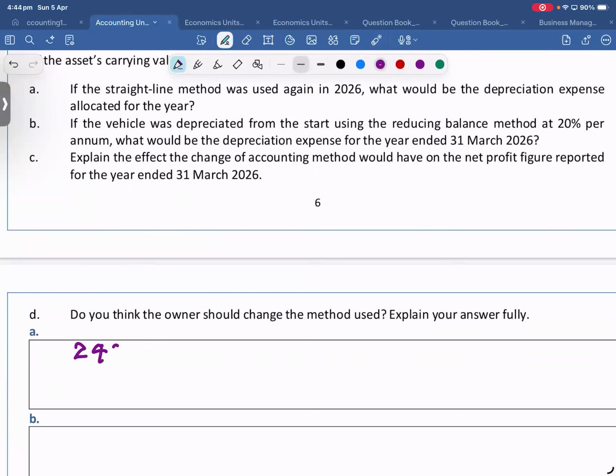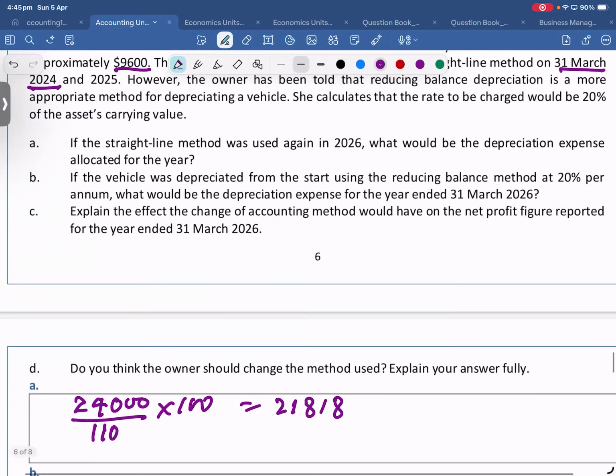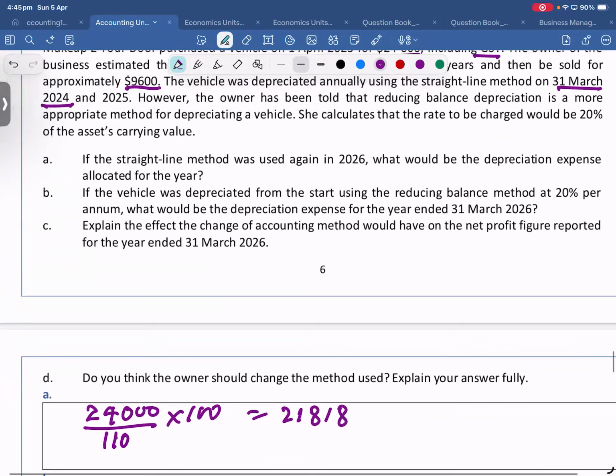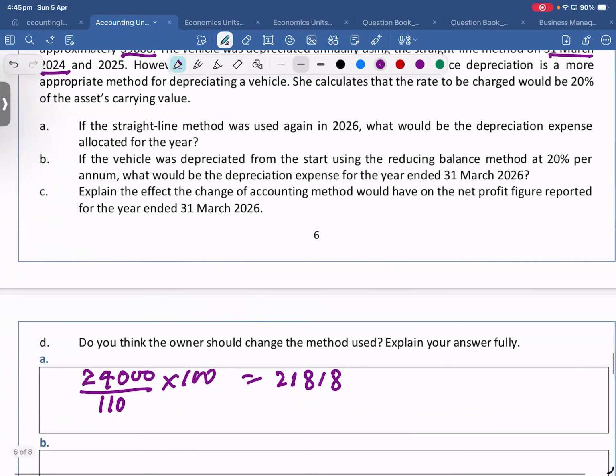24,000 divided by 1.1, or otherwise we can say divide by 110 times by 100, which is 22,000. Yes, 818.21. Right, so this is the cost. And then what's the depreciation expense, guys?